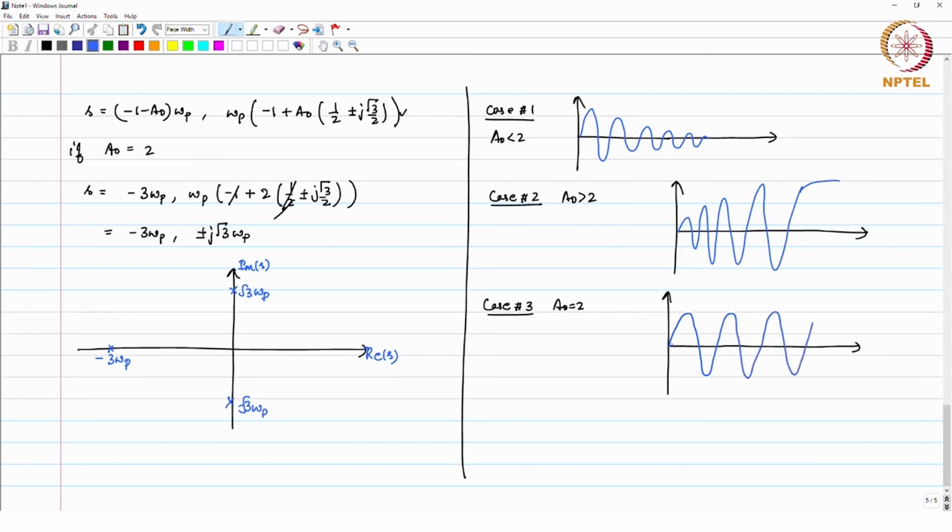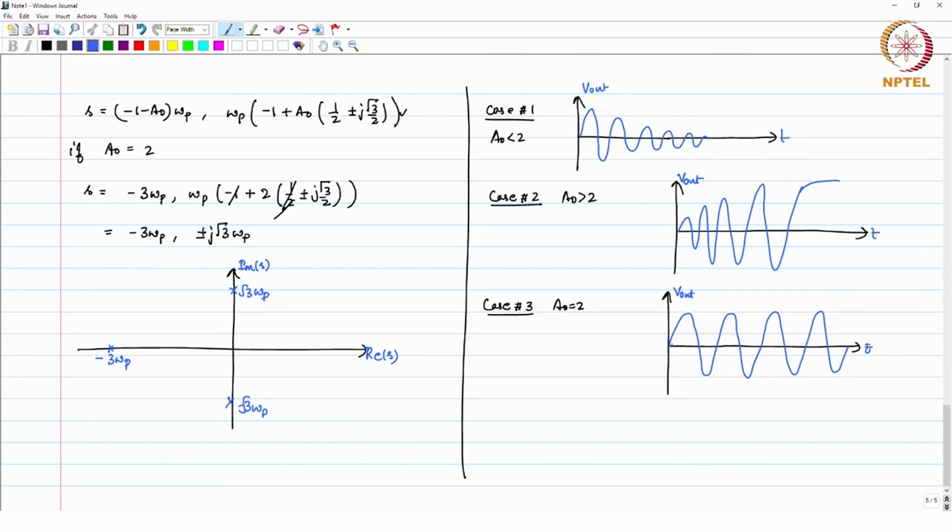Whatever the amplitude, we are not talking about that, but the oscillations are going to be sustained. In all these cases, I am plotting Vout versus t. So, it is important at some time that you have A0 greater than 2, so that the oscillations can start, but in the sustained case there should be only A0 equal to 2.